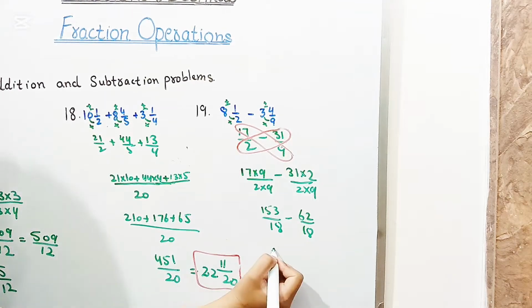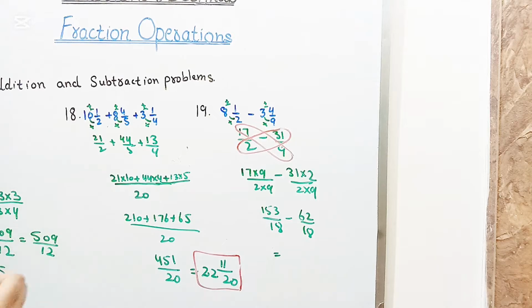So, when we subtract them, my answer is 91 over 18.